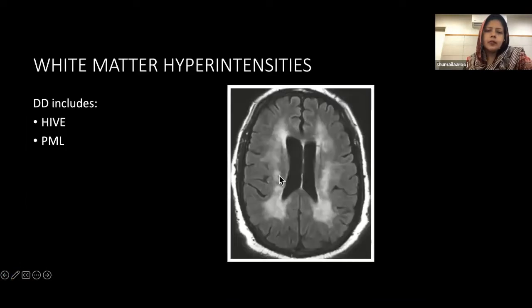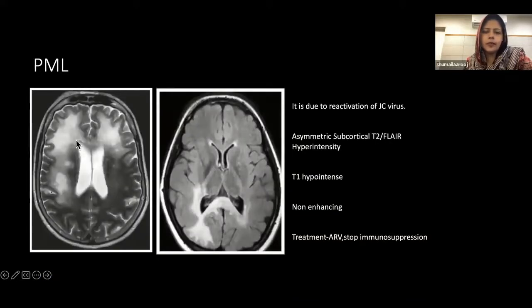This is a case of HIV encephalopathy in which there are bilateral symmetrical white matter hyperintensities, and this is a case of PML. So PML is basically a reactivation of JC virus. The difference is that in PML, there are asymmetrical subcortical T2 and FLAIR hyperintensities, and these are non-enhancing.